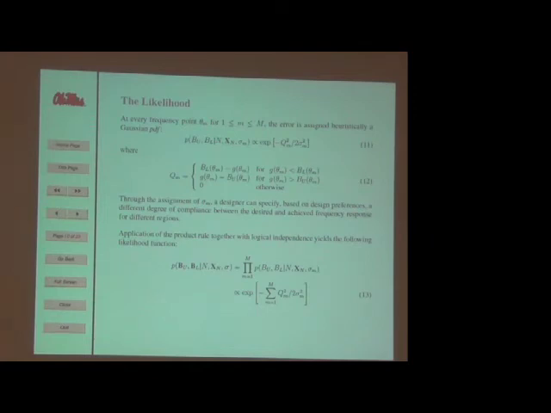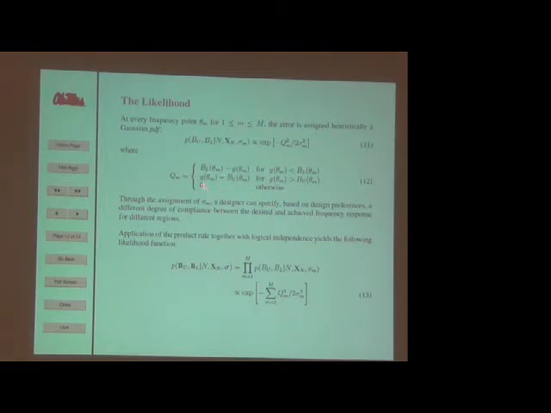Likelihood is assigned based upon the error, just as we usually would assign here. But here, it's the error of this log amplitude response for the filter. And I just take the difference. If it's below the lower limit, I assign how much below is the error, and if it's above the upper limit, I assign this as the error.